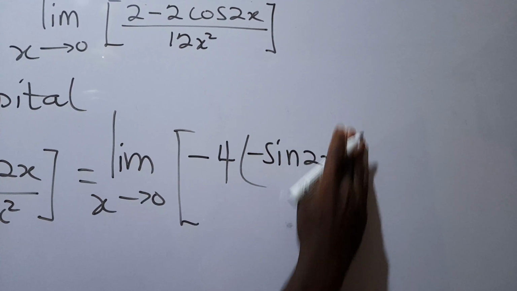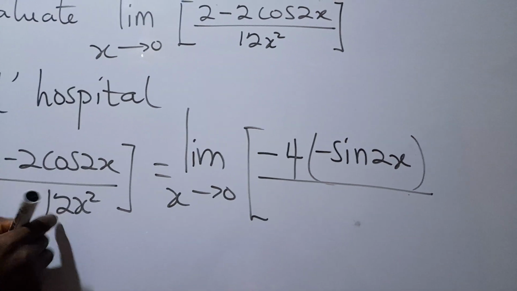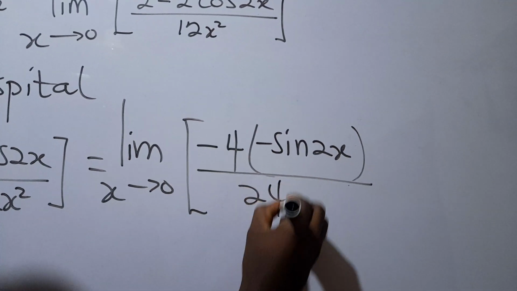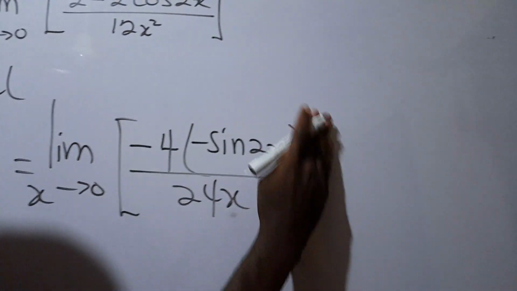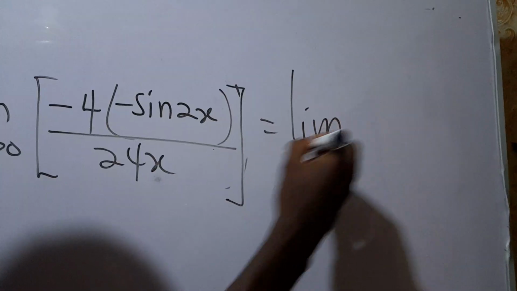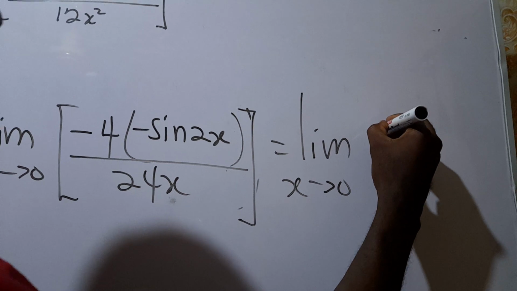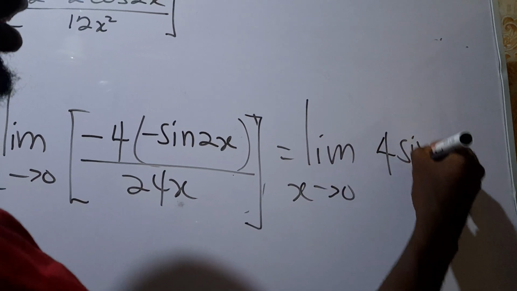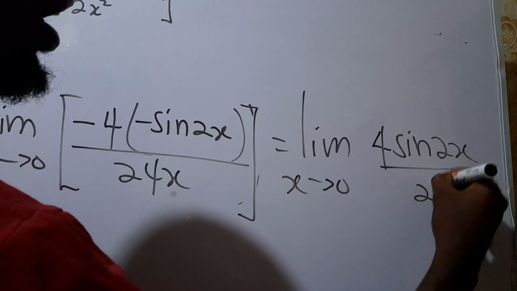That's it. Over, when we differentiate this, we'll get 24x. Let's polish this further. We'll get the limit where x approaches 0 of 4 sine 2x over 24x.